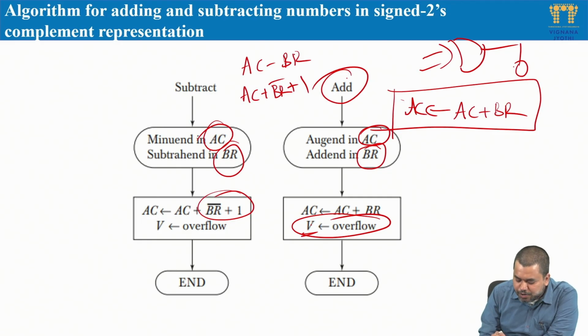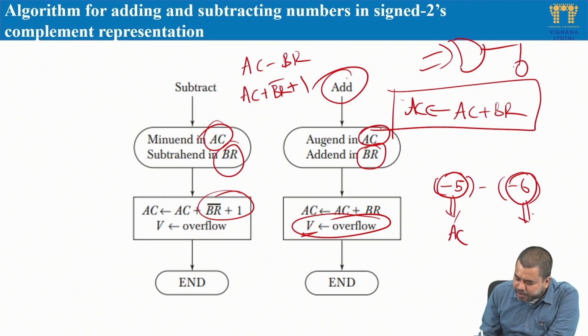For example, if I am performing minus 5 minus 6, I assume that the 2's complement of minus 5 is already available in the AC, and the 2's complement of minus 6 is already available in the BR.